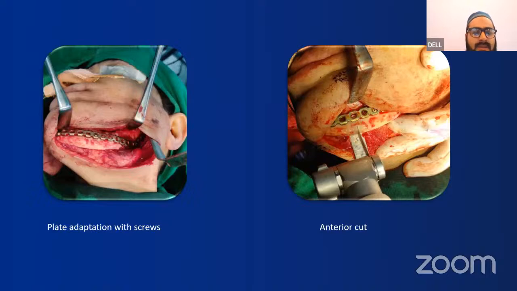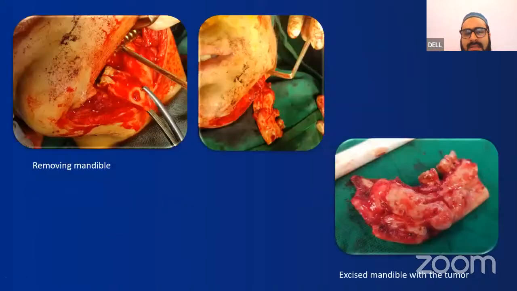A plate was adapted before resecting, with non-locking screws in the segment. The anterior cut was placed along the premolar and posteriorly along the sigmoid notch, and then the mandible was removed after division of the neurovascular bundles.